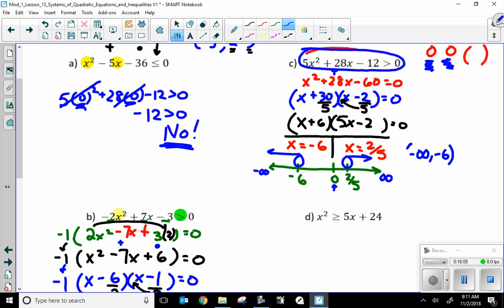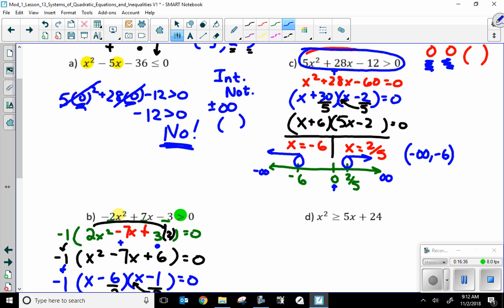With infinities, I never use a square bracket. It's always, always, always parentheses. All right? So, if you want to make that note for interval notation, infinities, whether it's plus or minus, always have the parenthesis.